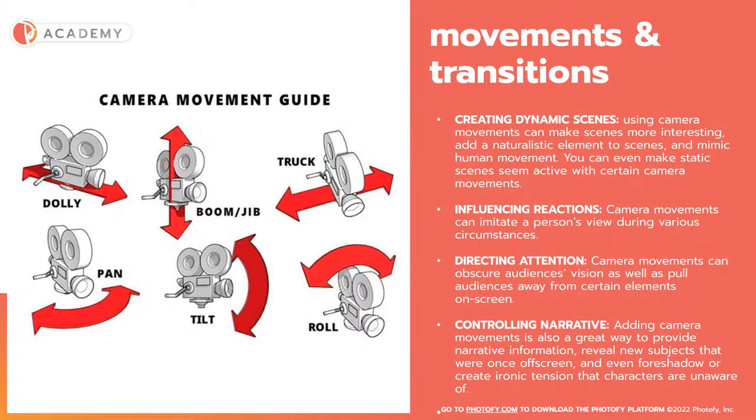So again, this is a way that you can control the camera movements and guide a viewer into dynamic scenes. So they can make scenes more interesting and naturalistic, as well as making even a static scene more active with certain camera movements. And then next we chatted briefly about influencing reactions. So it's a great way to imitate a person's view during various circumstances.